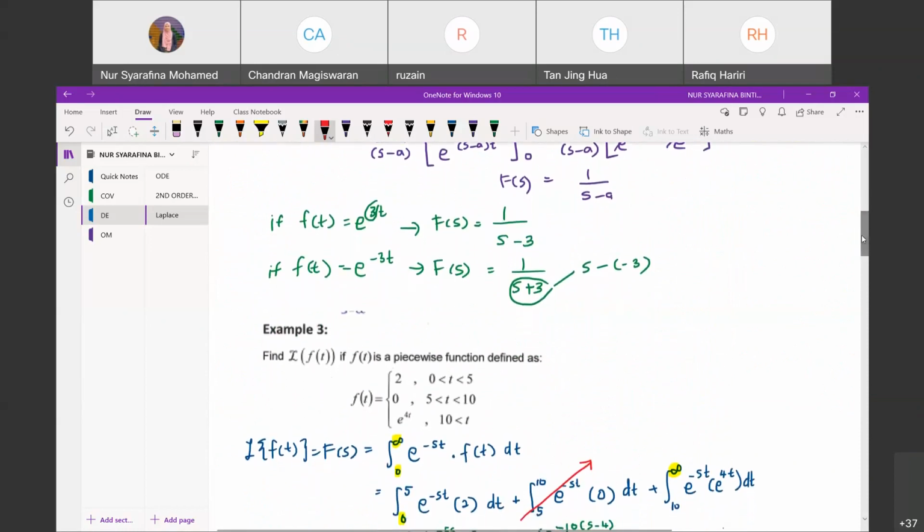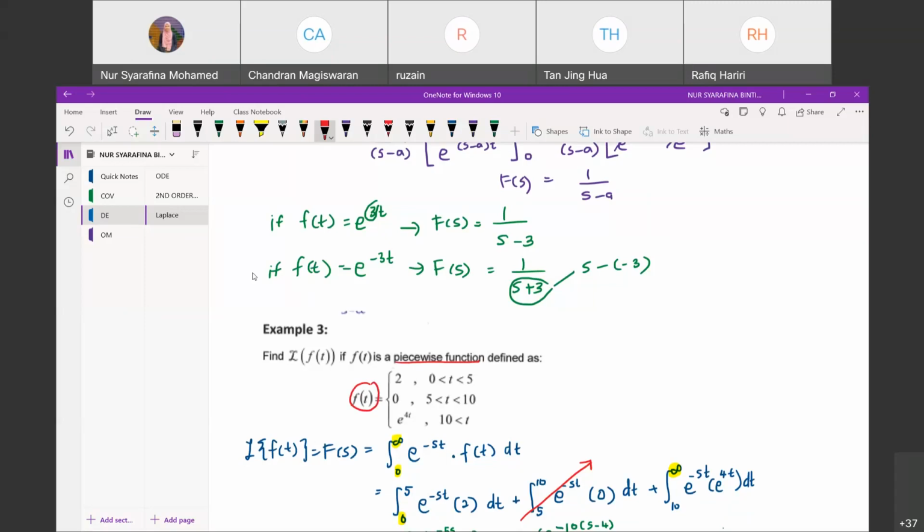can you transform? Okay, now when you have a piecewise function, as you can see, a piecewise function has a range for each of the functions given. So now, by definition, this is your f(t). By definition, if you want to have the Laplace transform of f(t) to get F(s), you need to integrate from 0 to infinity e^(-st) times f(t).